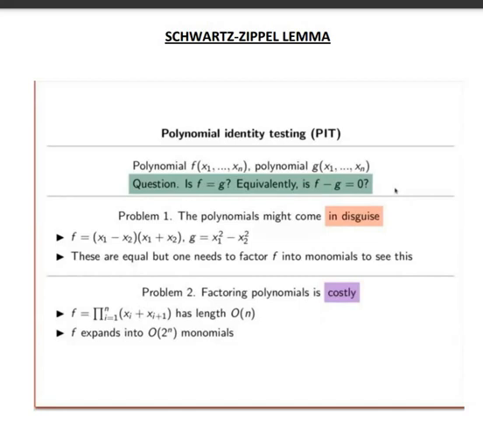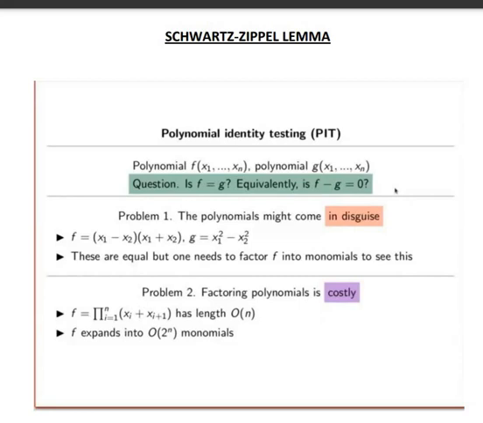This is not very easy because a lot of polynomials might come in disguise in some sense. So that is the first problem. Say, as determinants of some matrices, it might not be obvious at first glance whether the two polynomials are the same or not.